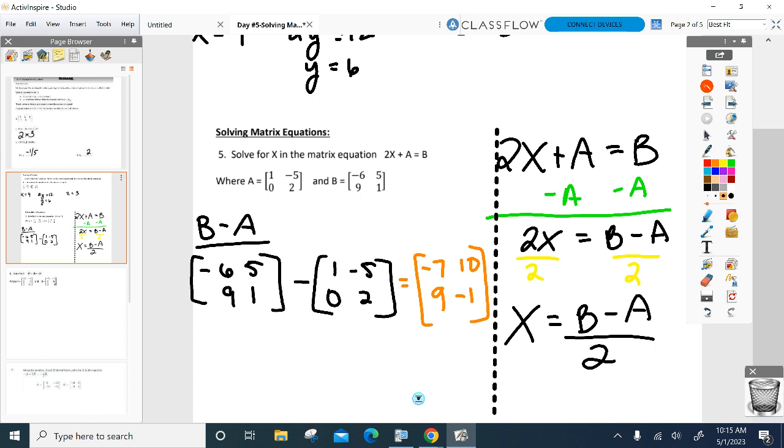And then I have to take this one and divide it all by 2. Dividing by 2, we talked on Friday and Thursday, is the same as multiplying this matrix by 0.5, half. Yep. Okay. So if you want to rather multiply everything by a half or divide by 2, your call.